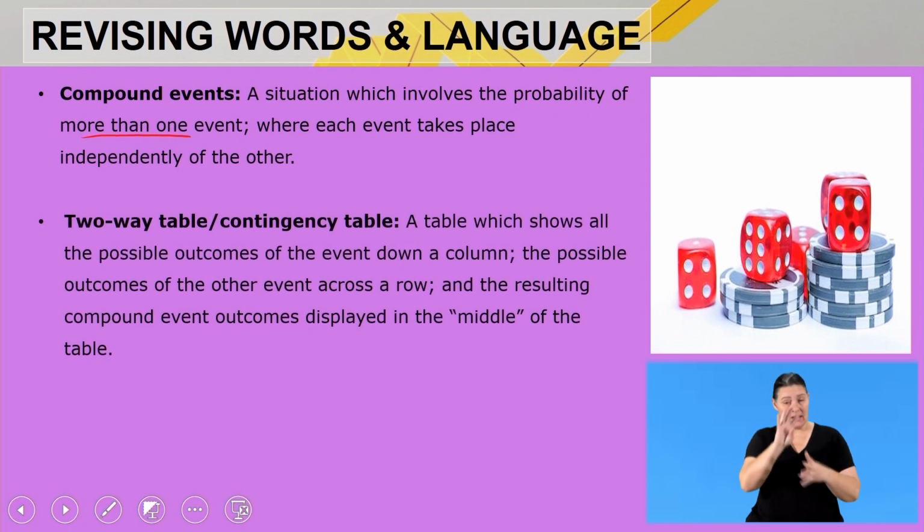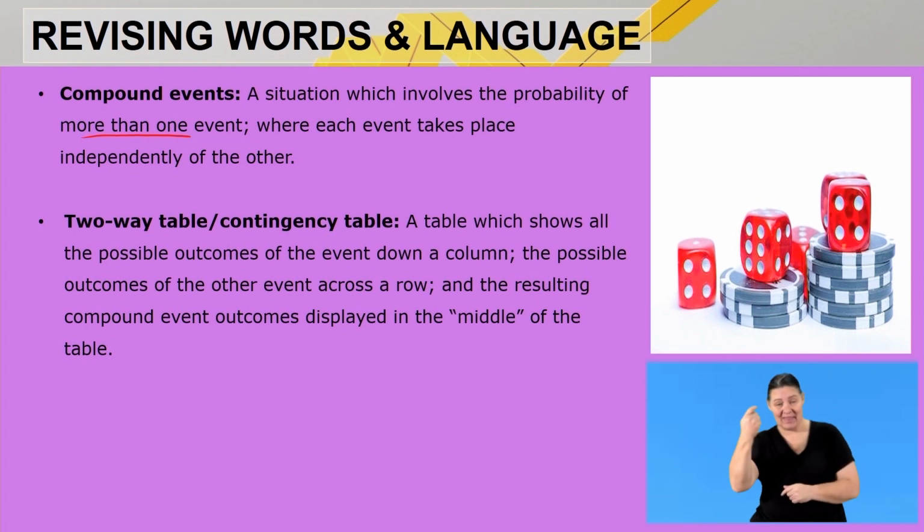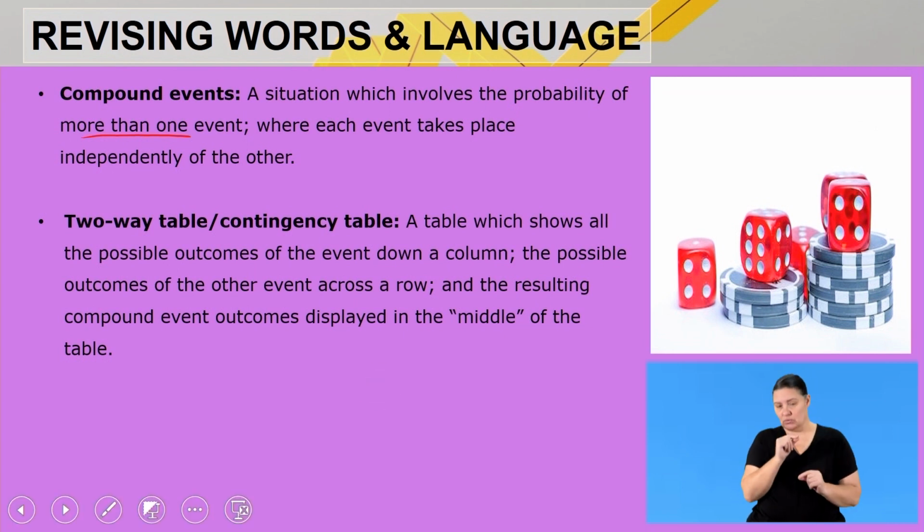Also important is that a two-way table, it's known as a contingency table as well, is a table which shows all the possible outcomes of the event down a column, the possible outcomes of another event across a row, and the resulting compound event or outcomes displayed in the middle of the table. Again, we'll look at that once we're going to do a sum based on that definition.